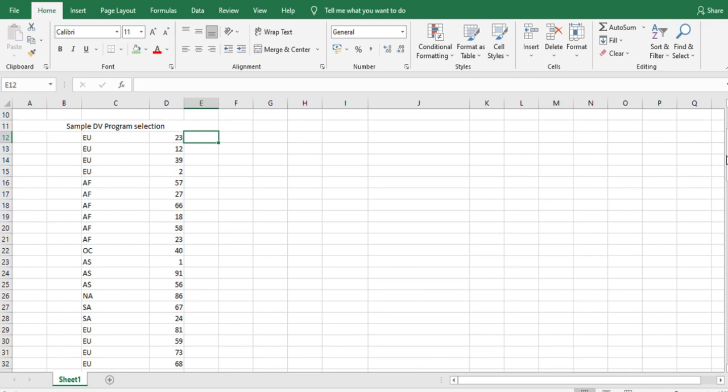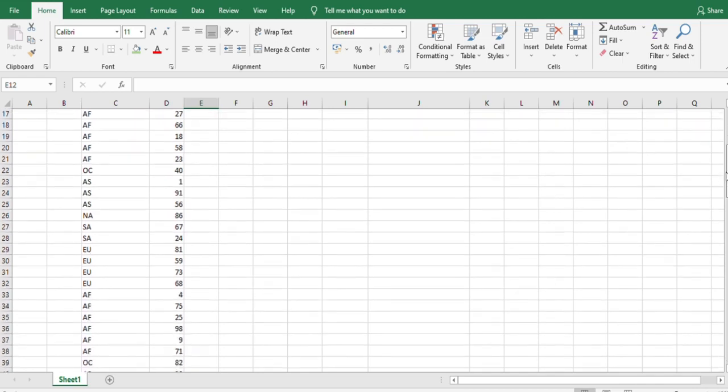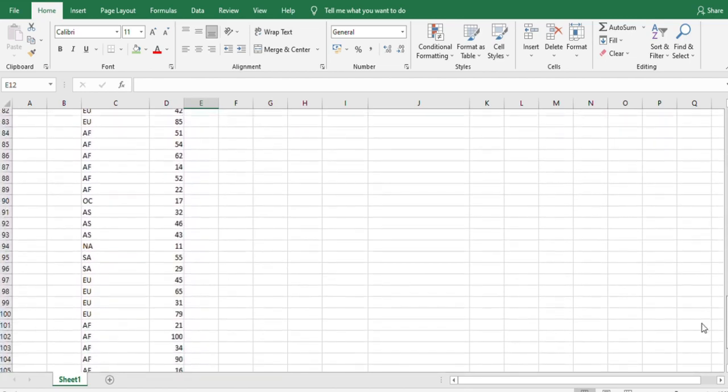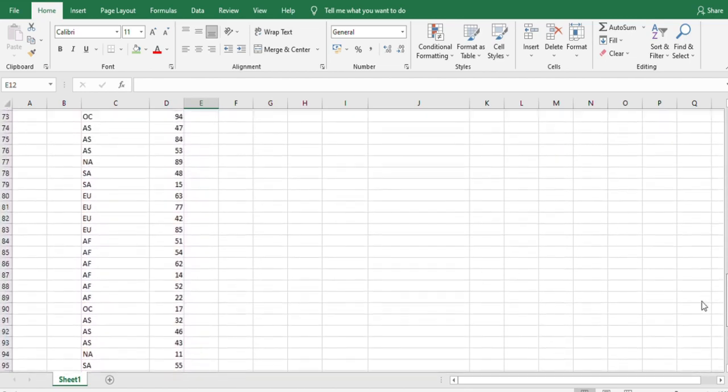Therefore, in our DV program sample here that we'll use as an example to explain the issuing of the case numbers, we have 100 applicants. And these applicants are coming from all regions.